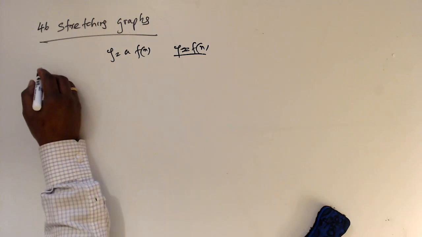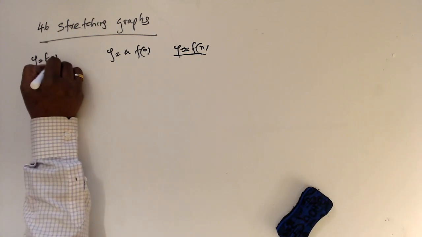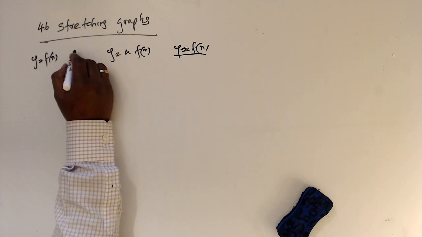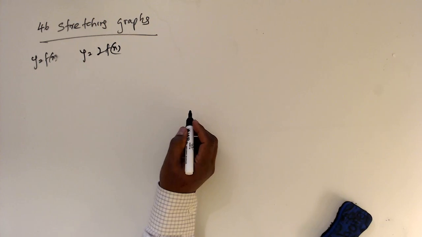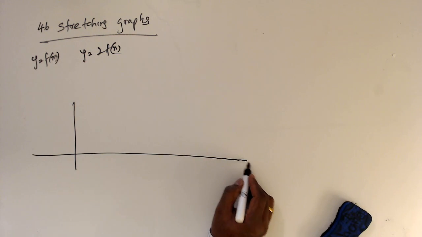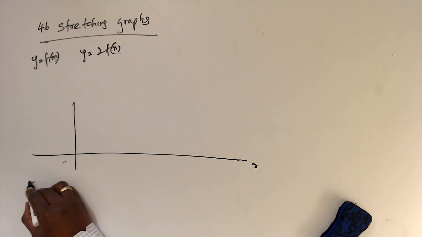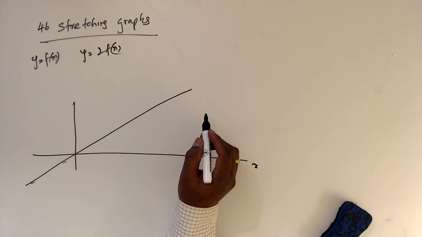So first of all I'll take a y = f(x) graph, then I will draw y = 2f(x). This is the x-axis. I'll consider a line first. So this is a curve.